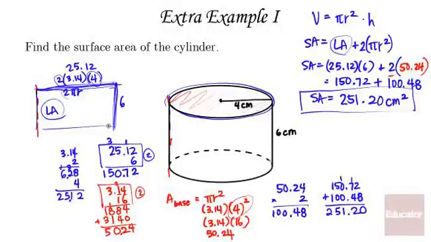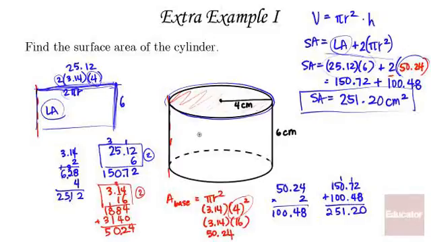So if you want, instead of using this whole formula here, you can just maybe draw out the rectangle. Okay, draw your 2 bases, your circles, find the area of each one, and then just add them together. Okay, that's all we did here. This is just rectangle plus the base times 2. Okay, so that's surface area.